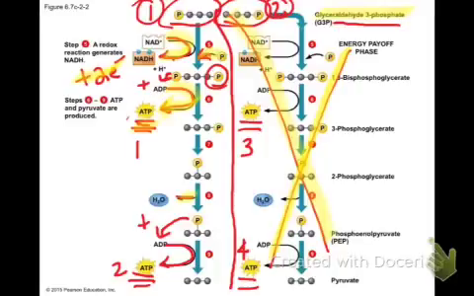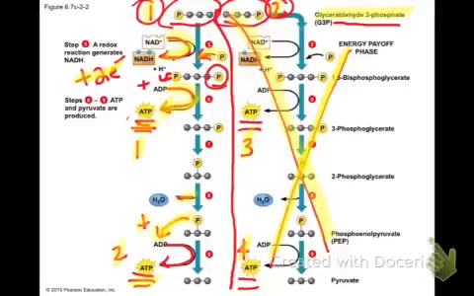We strip away this phosphate, it adds to it, and we wind up with ATP here. Now remember, this is happening twice. Once for this molecule, and then once for this molecule. So we actually have 4, right? We have 1, 2, 3, and 4 molecules of ATP.